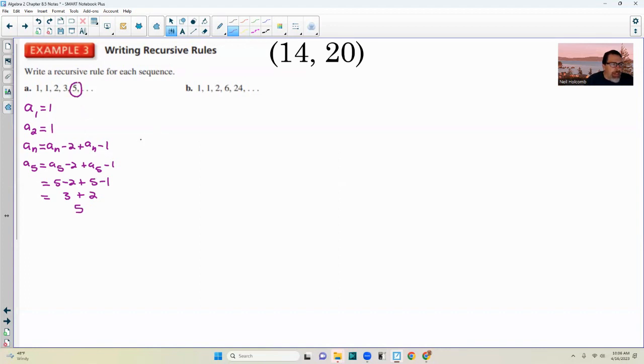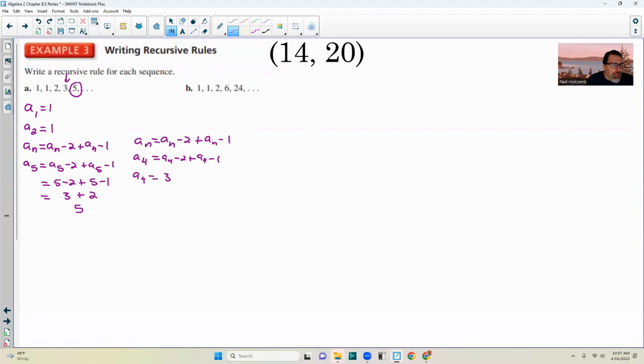So let's try that again. A sub n equals a sub n minus 2 plus a sub n minus 1. There's our rule. And now let's look at the fourth term. So a sub 4 is going to equal a sub 4 minus 2 plus a sub 4 minus 1. So a sub 4 is 3.